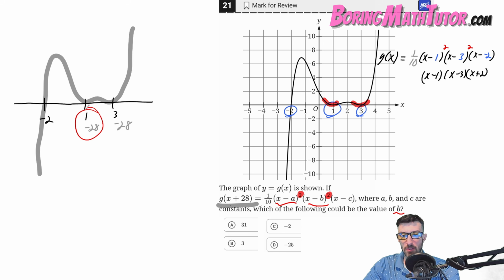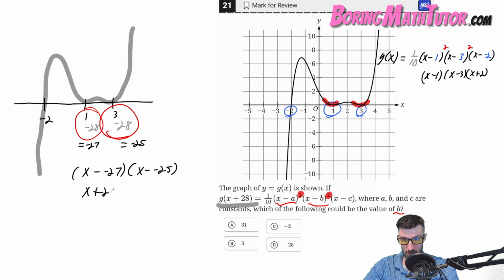So the ones that are going to be underneath the square are going to be corresponding to these. Now, this is -27 and -25. Remember, it's always supposed to be x minus whatever that number is and x minus the other number, which in this case just turns into x plus each of these numbers.